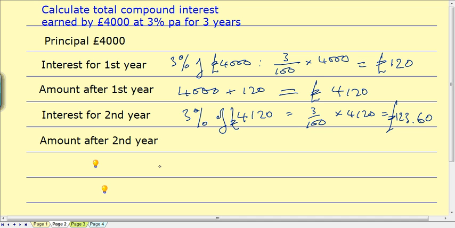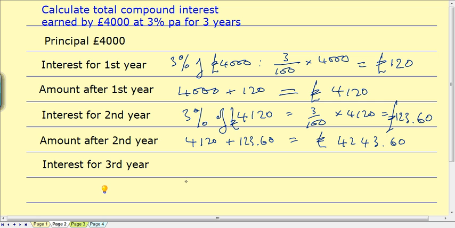Then we do the same again. The amount that we've got in the bank after the second year is just going to be obtained by adding to what we had at the start, 4,120, plus the new interest, 123.60, giving a new total of 4,243.60. And then again, the calculation of the interest for the third year is now a calculation for the interest over this whole figure here.